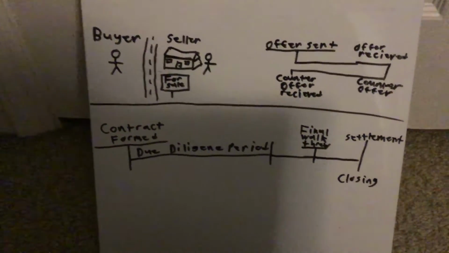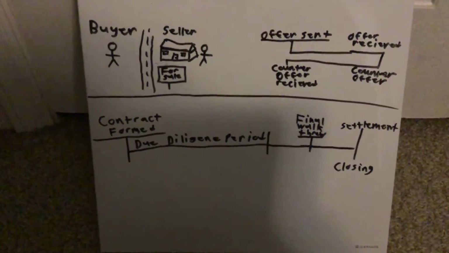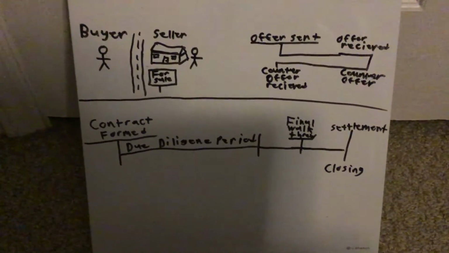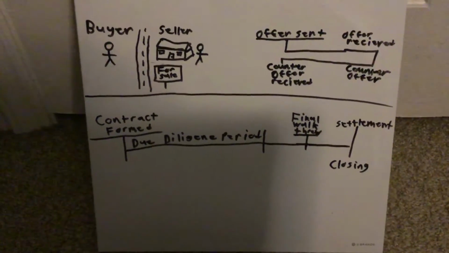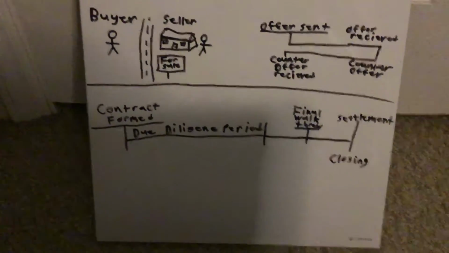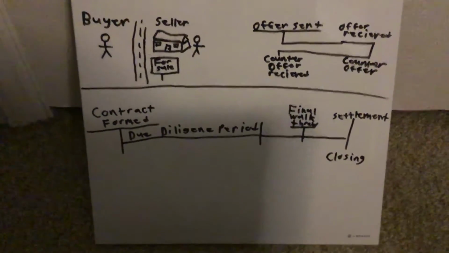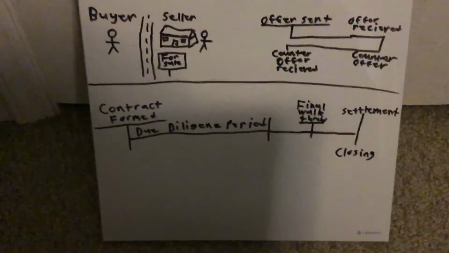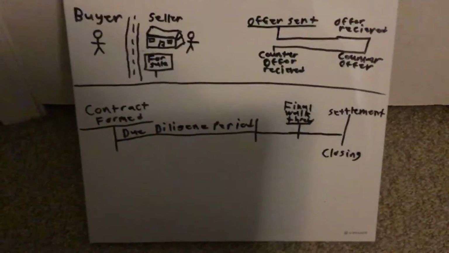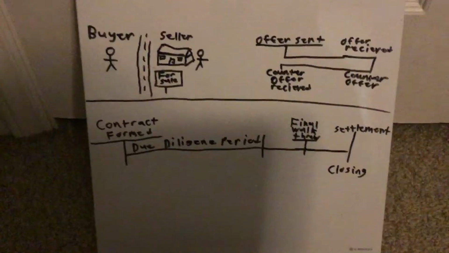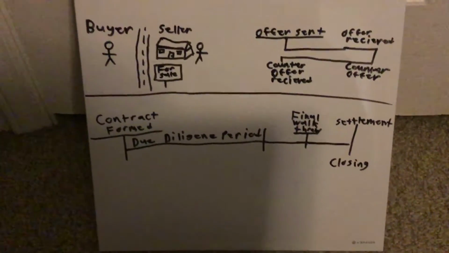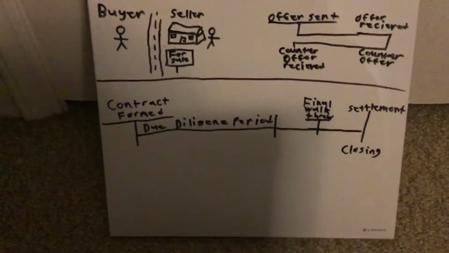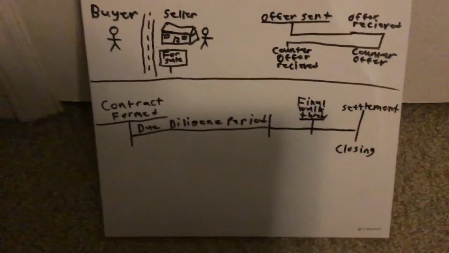And it's very important that this is the optimal time period for the buyer to have an inspection done, a survey, pest inspection, any sort of investigation to the property, appraisal done. This is the time period to get it done, because during a due diligence period, the buyer can walk away from the contract for whatever reason. Whether they just get cold feet and don't want to move forward with purchasing the property, they can pull out without any negative consequences whatsoever.